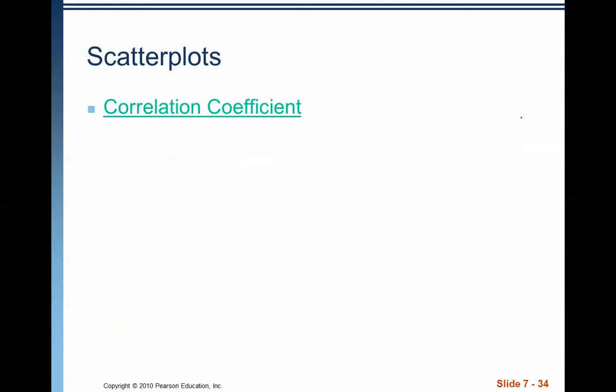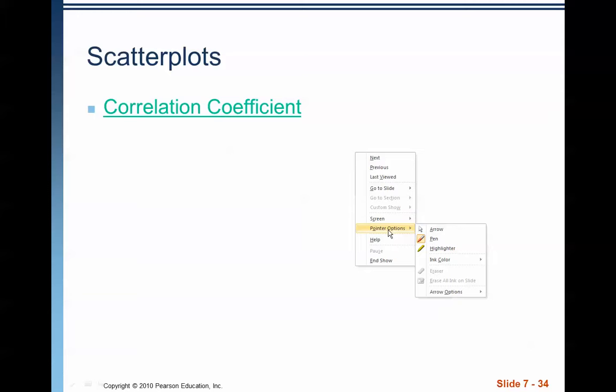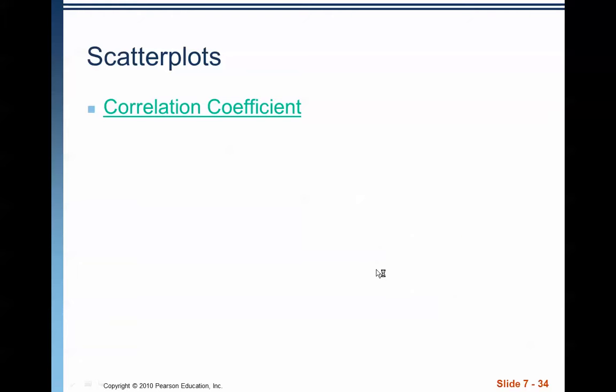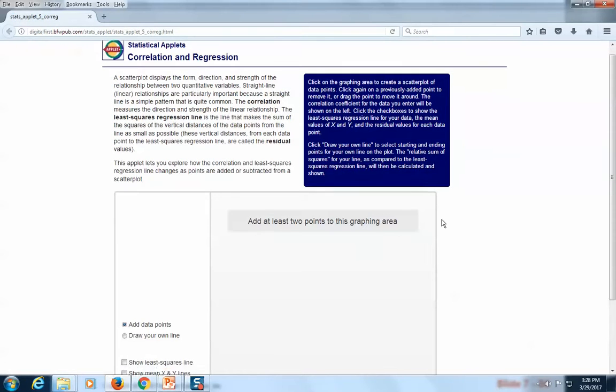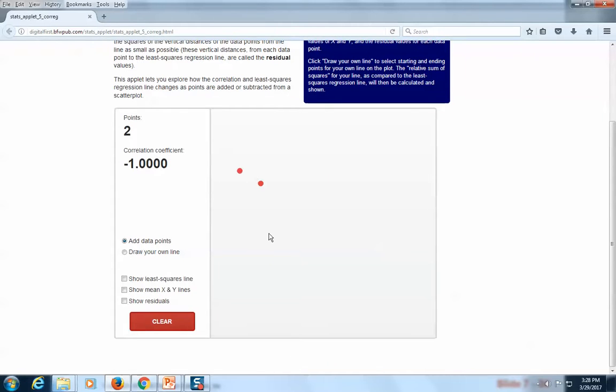All right. So let's go to a little app here, and we will show you some things with correlation. Okay, here we go. So here we've got our graphing area, and we're going to add points. Okay, so there's 2 points.